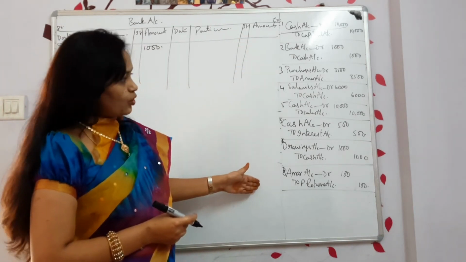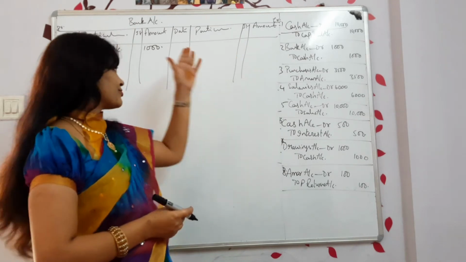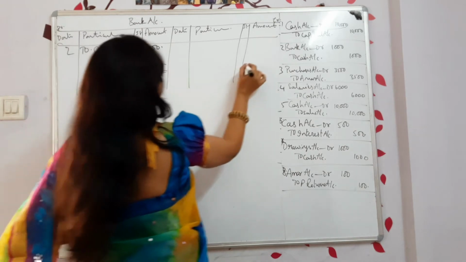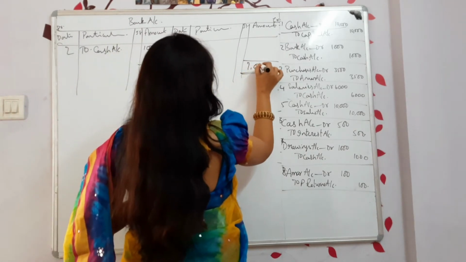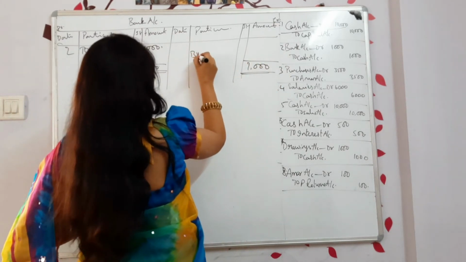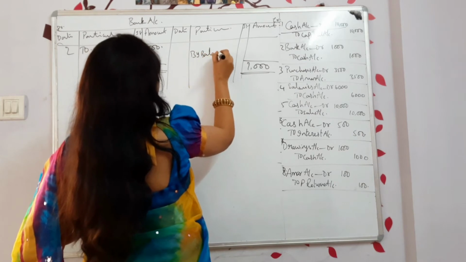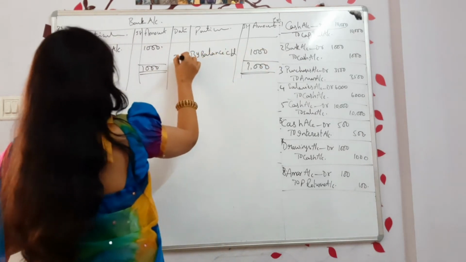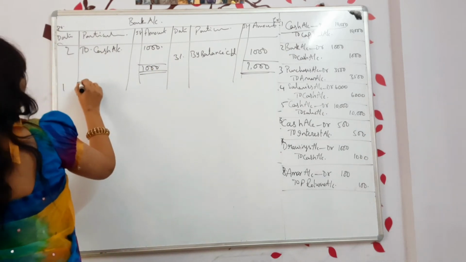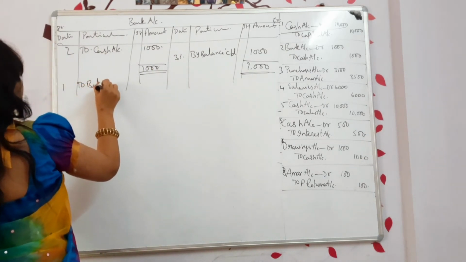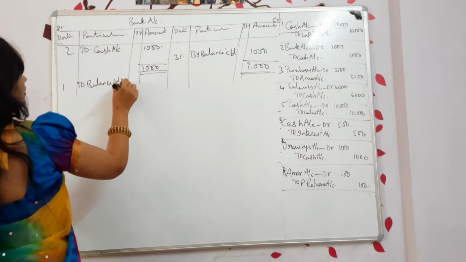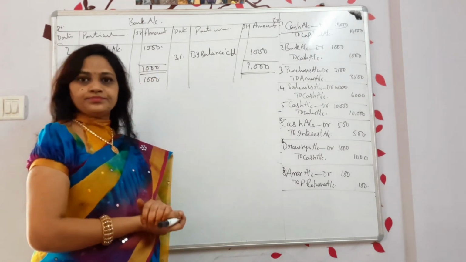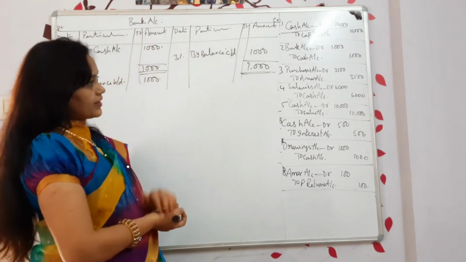No. So write down here total 1,000. We write here by balance carried on 1,000 on 31st. Again next month first, to balance brought down 1,000. Clear? So we completed bank account now.